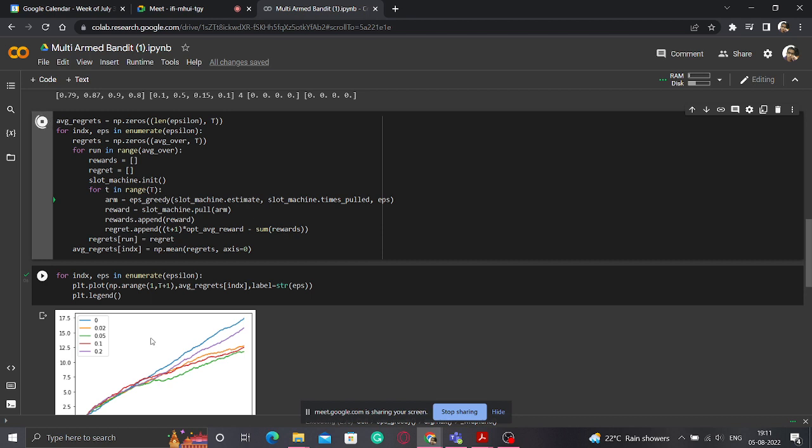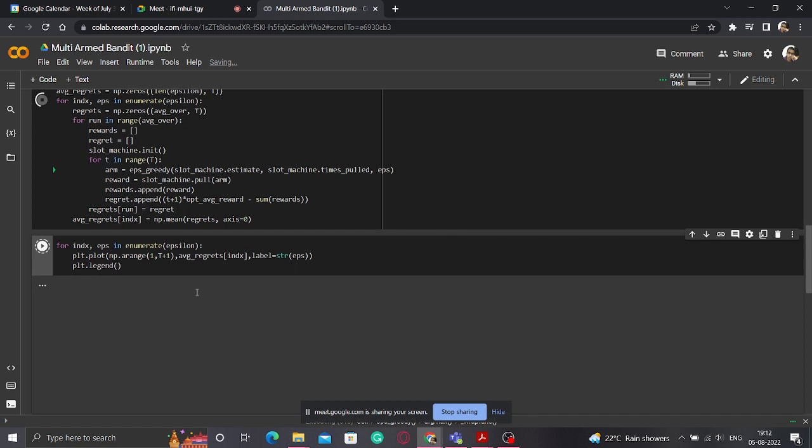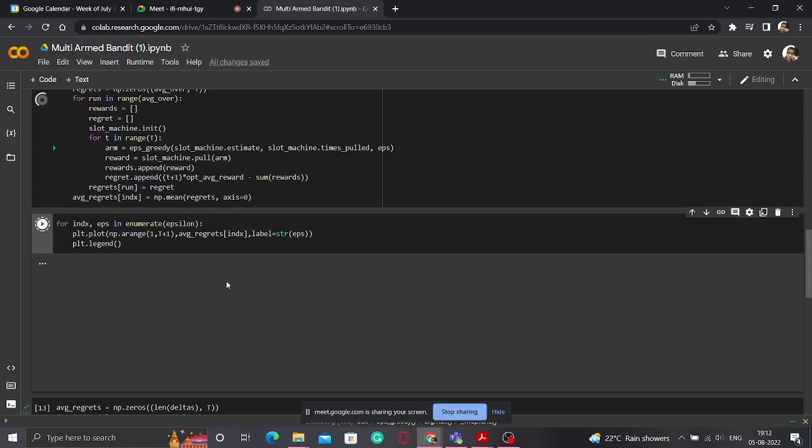See, the cumulative regret would stay high at first because you are exploring. So while exploring, you'll get a sharp rise, and once you've explored enough, you'll get an almost straight line. It will not be a perfectly straight line, it will be almost straight. The almost straight line means you're not exploring now.